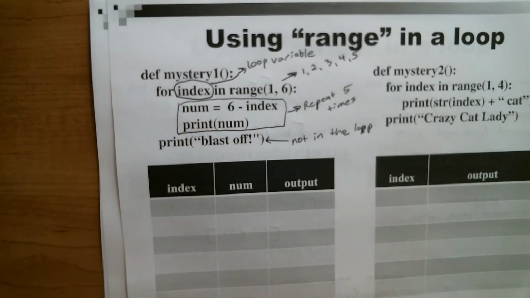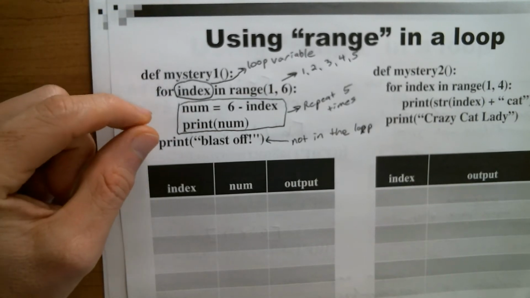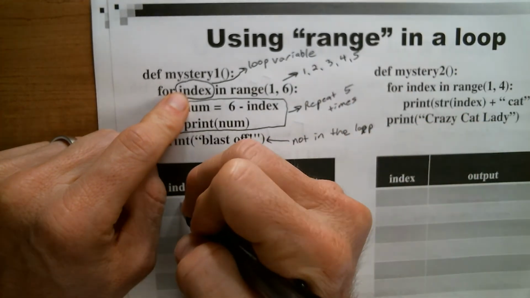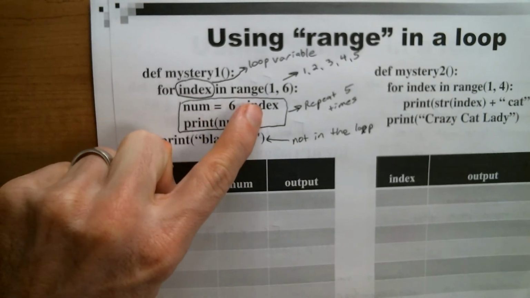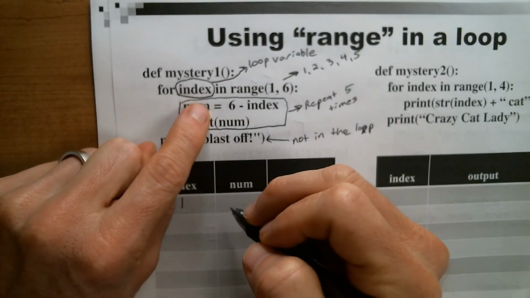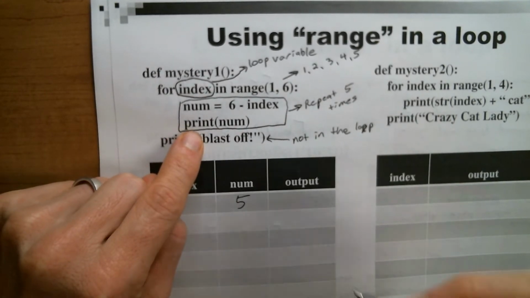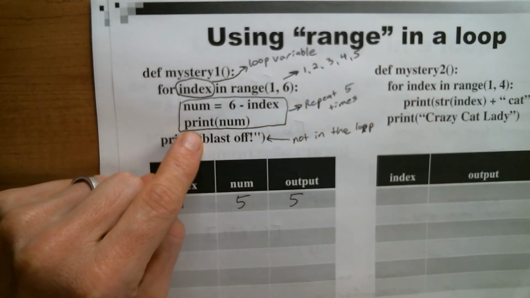So what we're going to do is trace this. You run this function. The first value for index is going to be 1. Num is going to be 6 minus index, so 6 minus 1, or 5. And then since we're printing out num, the output is just the number 5.